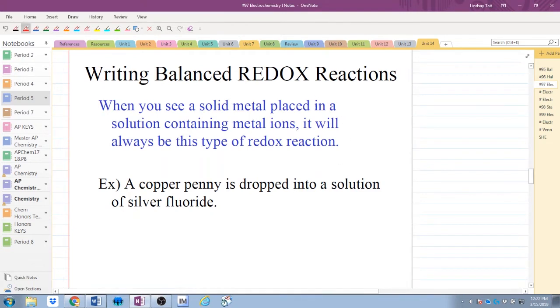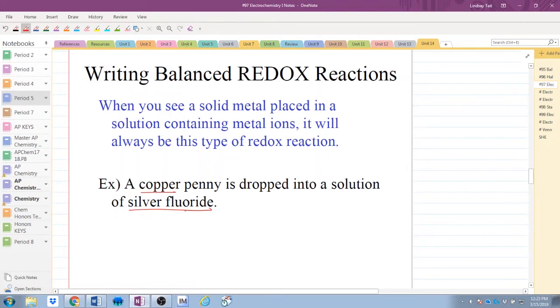When you're writing these reactions, always keep an eye out for the spectator ion. In this particular reaction, we've got copper and silver fluoride. I'm not going to write out the full balanced equation, but it would make sense that if this reaction occurs, the metals are the ones switching places. So the solid copper is going to end up in the compound copper fluoride, and the silver is going to kick out and become solid silver.